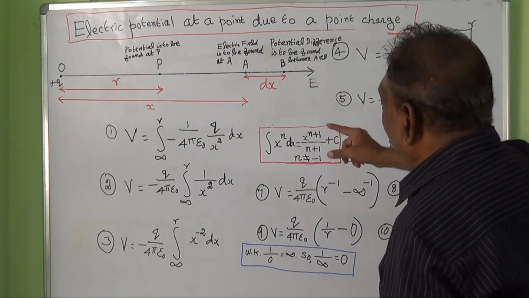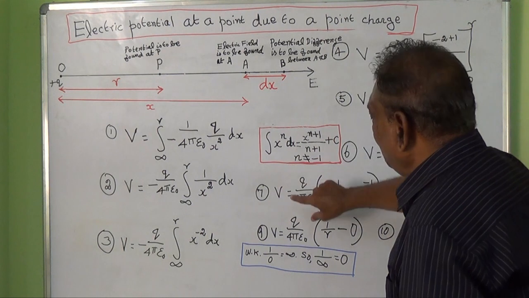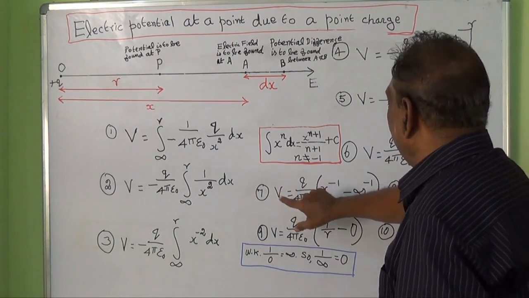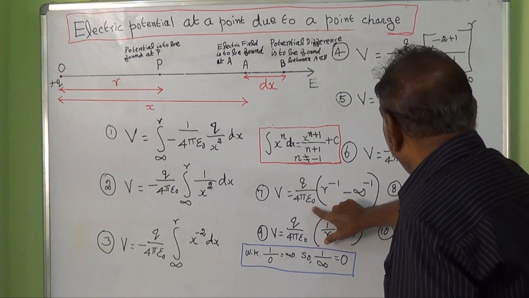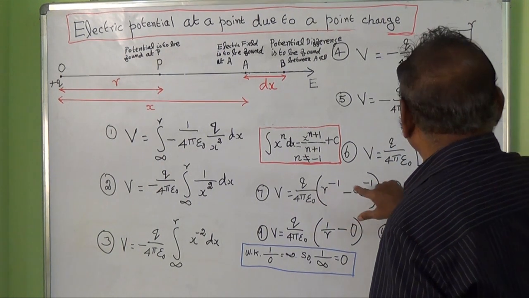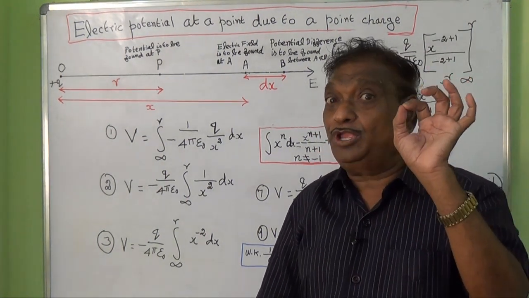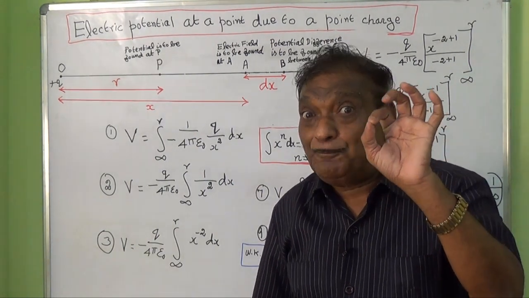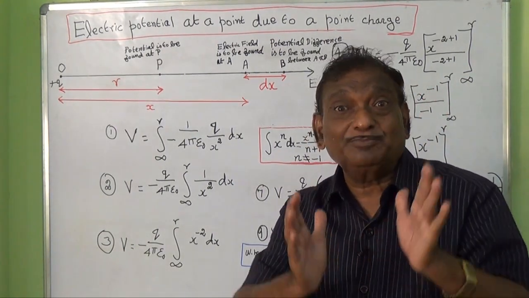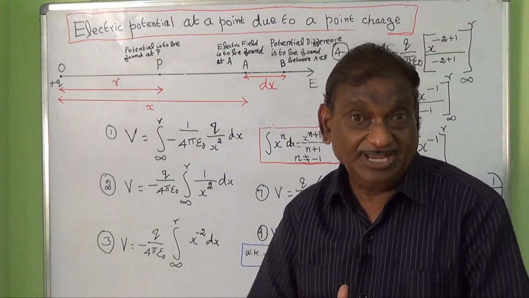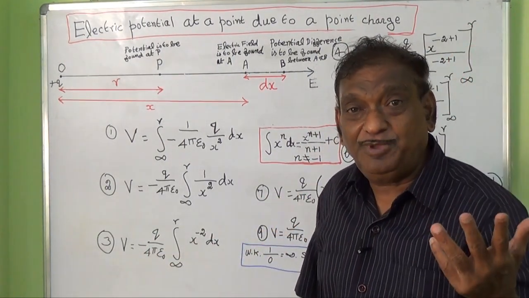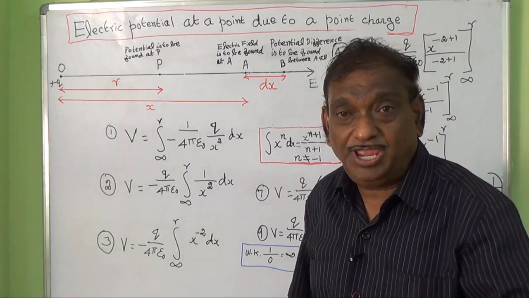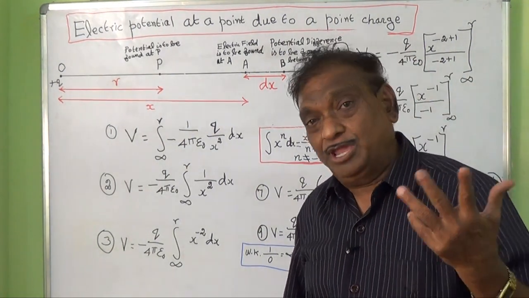Hence, we are getting the equation for potential V equal to Q by 4 pi epsilon naught r to the power minus 1. This upper limit and the lower limit should be applied in the place of the variable x. In this case, variable x. In other cases, the variable may be anything. It may be y, it may be t, any variable.